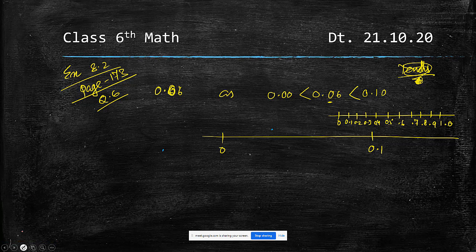Now we will take this portion, 0 to 0.1, and again divide it into 10 equal parts.